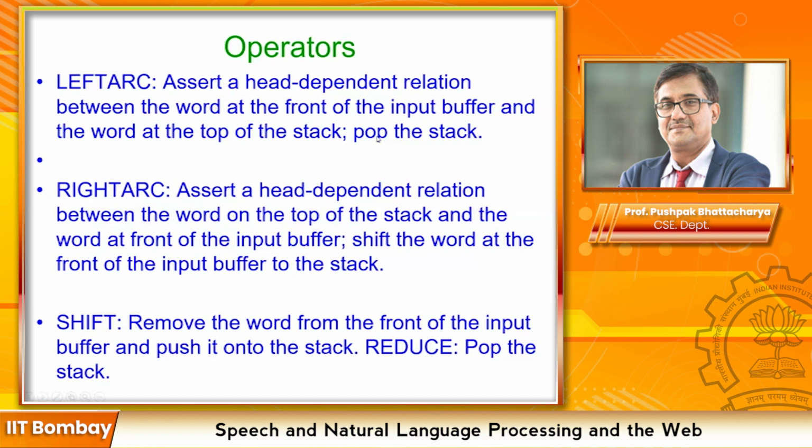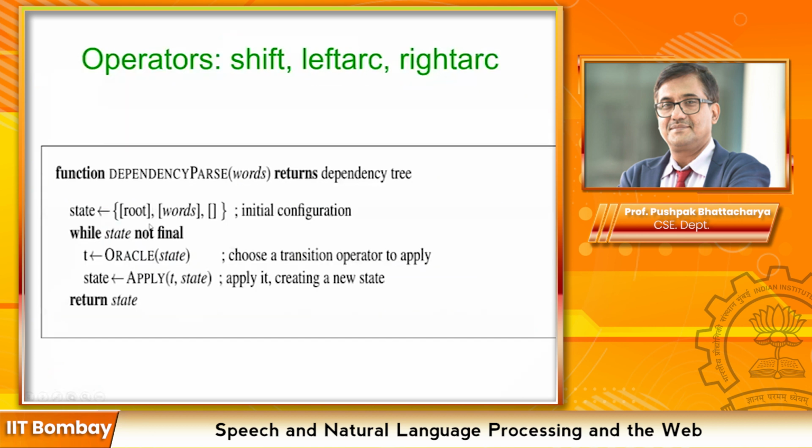Now, this is the basic transition based dependency parsing. So a very top level view of the dependency parsing is the following. Function dependency parse takes as input the words and returns a dependency tree. The initial configuration is state going to root, comma words, comma empty list of relations. While state not final, until it's the final state, T equal to oracle state, choose a transition operator to apply.